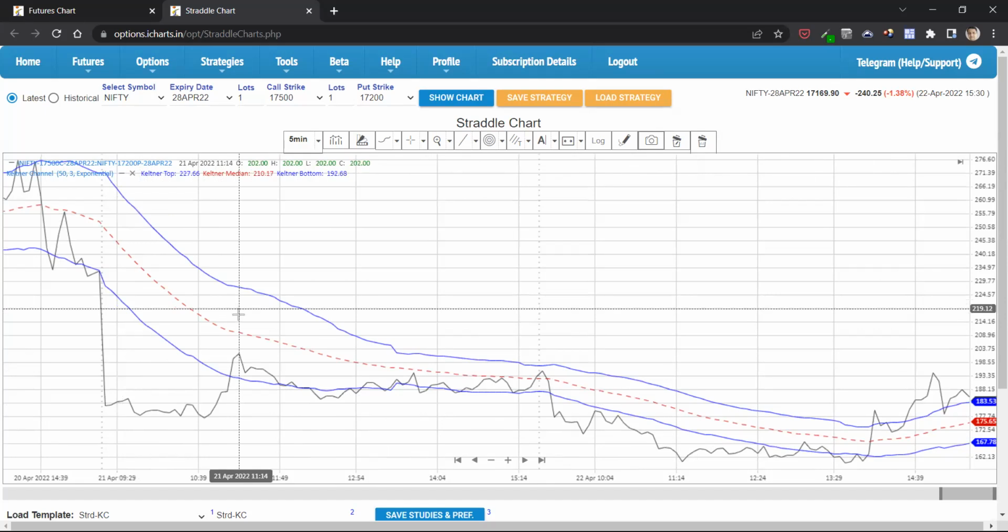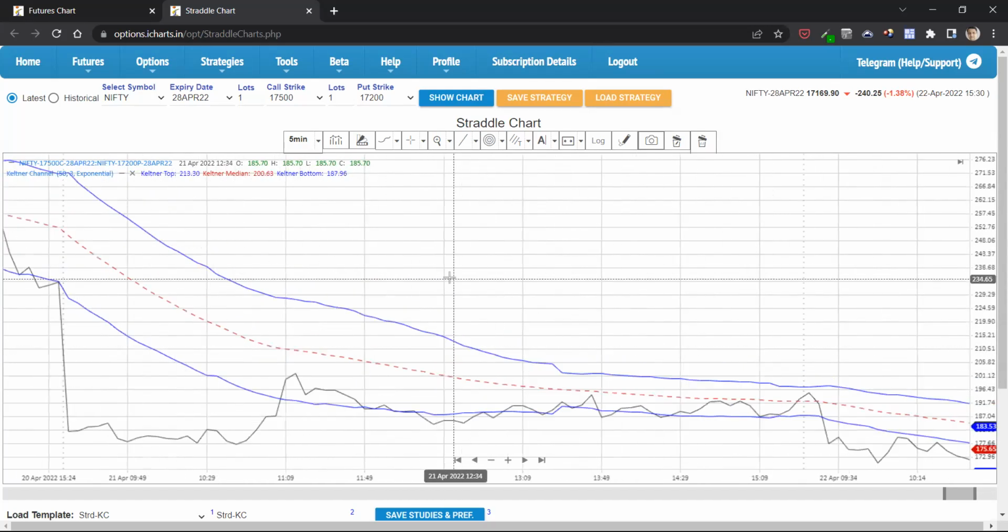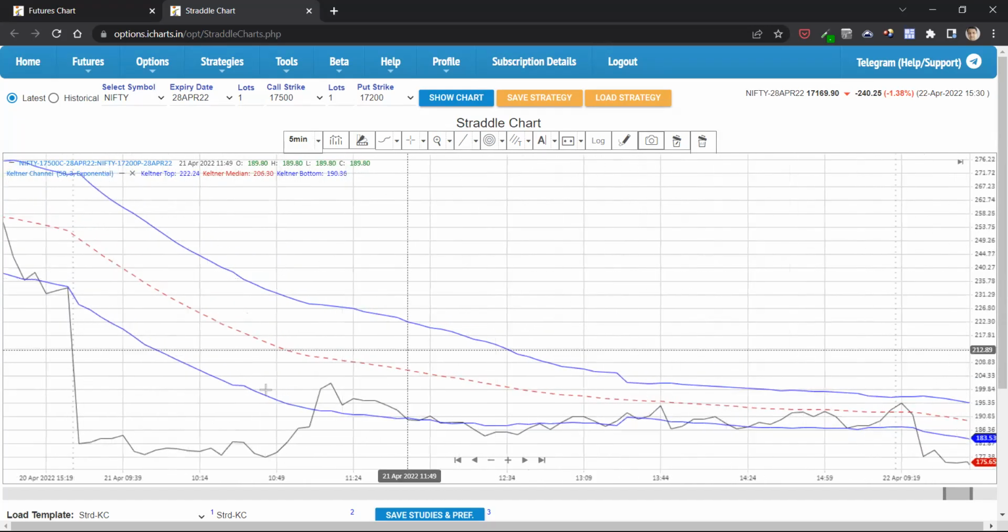Of course, this is going to go down quickly, and your SL is going to come down very quickly. SL, or I would say, if not SL, this is going to be an adjustment point. But if you are talking about intraday, then from here to here is 1 day.